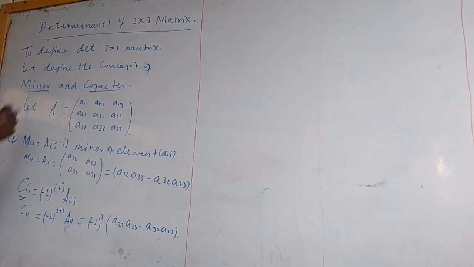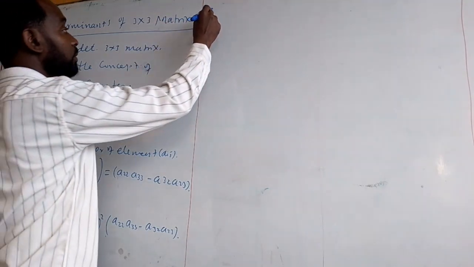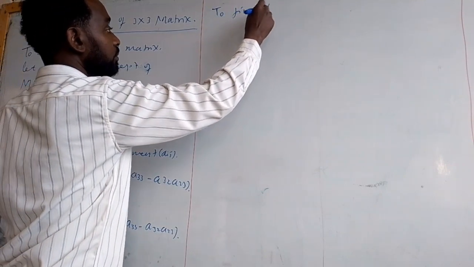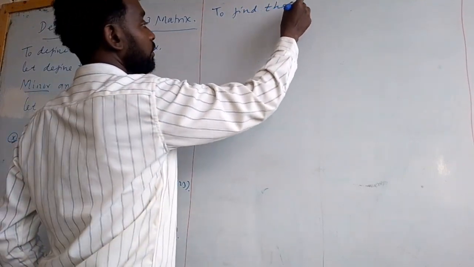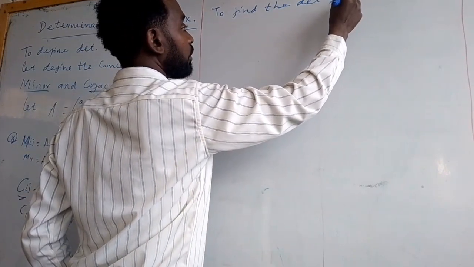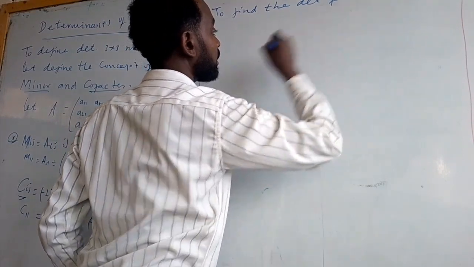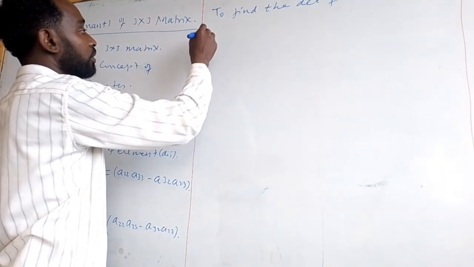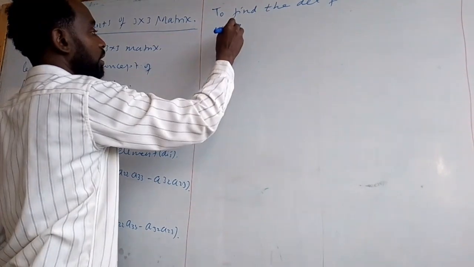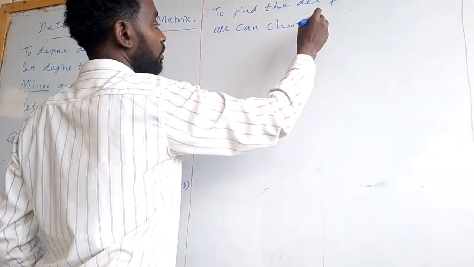This is the minor and the cofactor used for the determinant of a matrix. To find the determinant of a matrix A, we can choose any column or any row, or we can find the determinant of a matrix along any row or along any column, because they are equal.